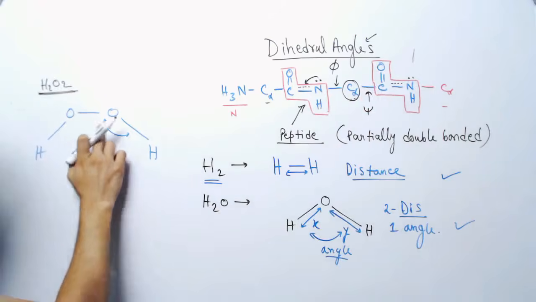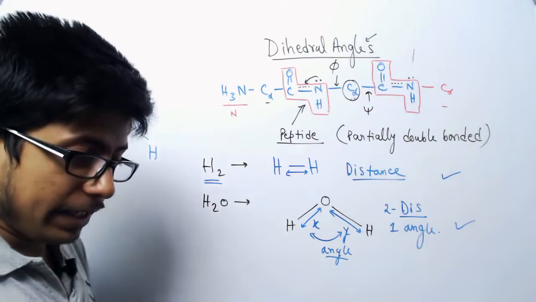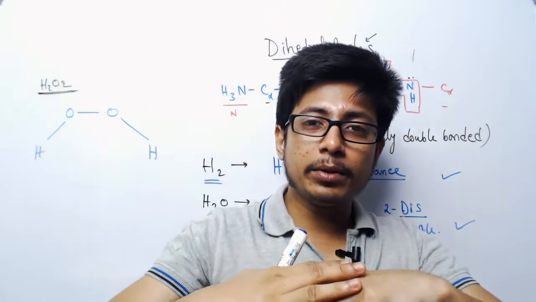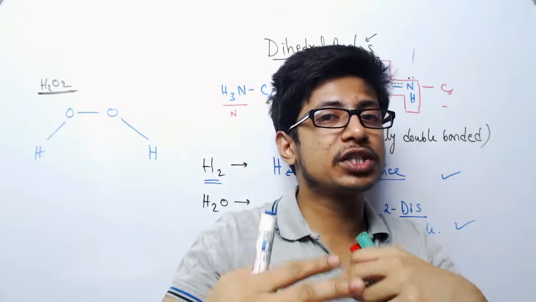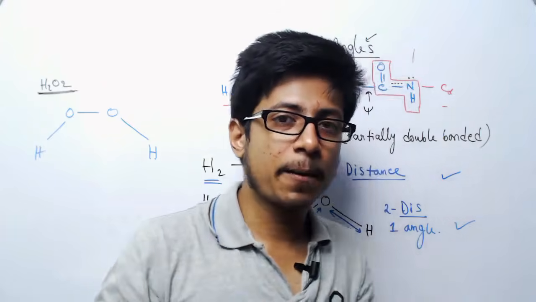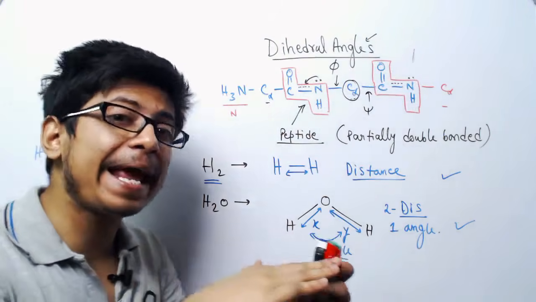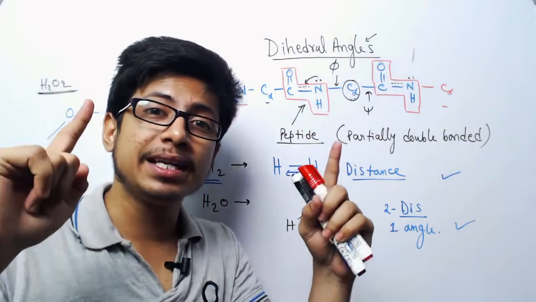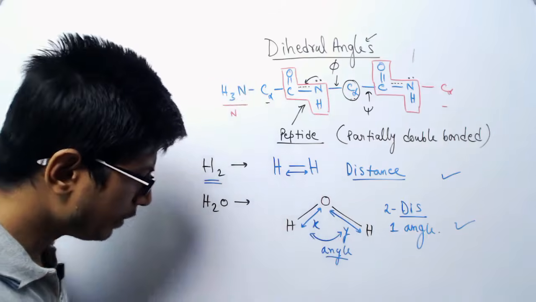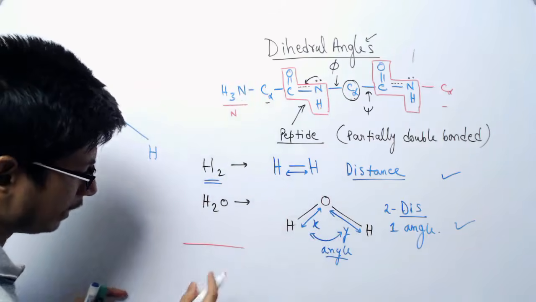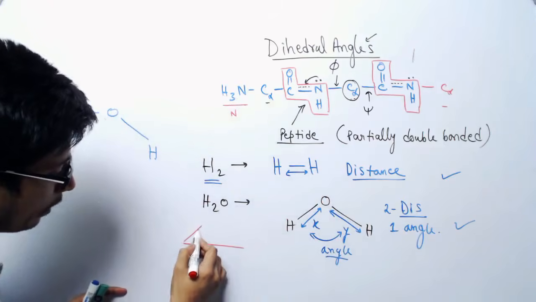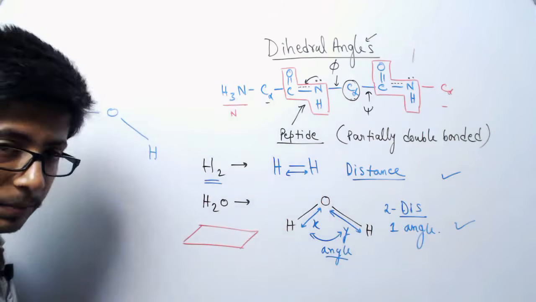Whenever you have 4 different points and the molecule is in a 3-dimensional shape, the angles are formed between planes instead of between lines. Because if I draw a line, it is 2-dimensional; if I draw a plane, it is 3-dimensional space.